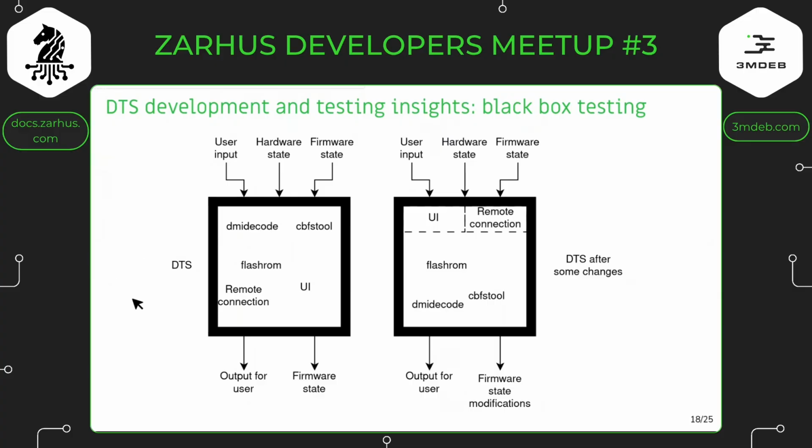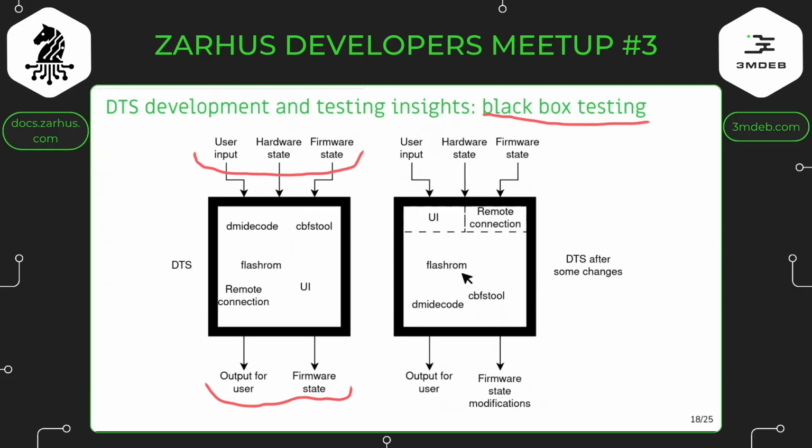And behind the end-to-end testing methodology, there are two key concepts. The first concept is black box testing, which is based on treating the DTS as a black box without caring too much what is going on inside during testing, but caring a lot about specified inputs and outputs and their correlations.